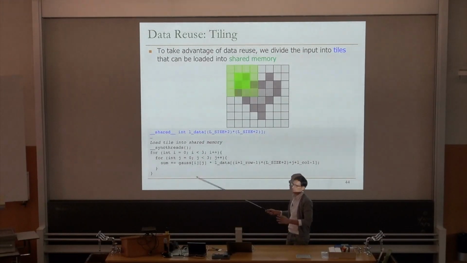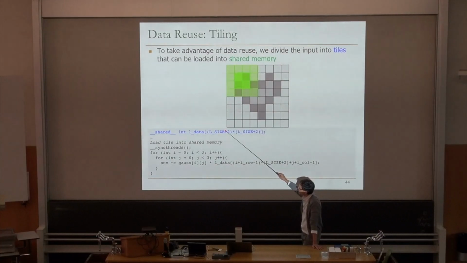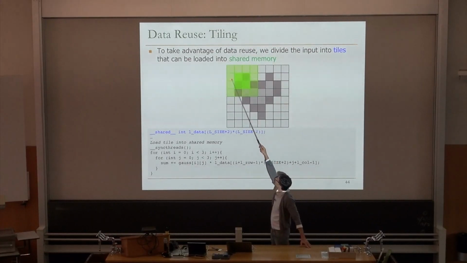So this is half pseudocode, half CUDA code. As you can see, we first declare the shared memory with some specific size. Then we load the tile into shared memory.